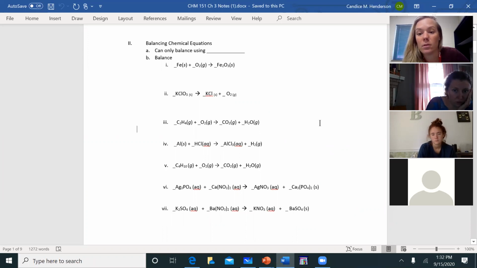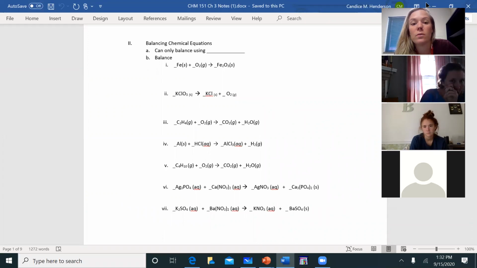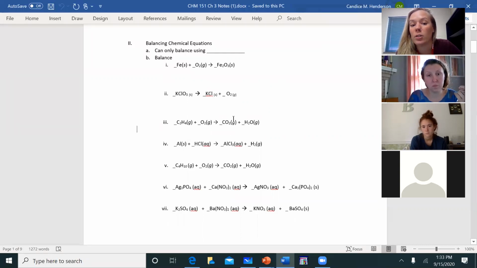Actually, we can sort of classify all of these. So this first one here, we've got A and B coming together to form C. So this one we would say is a combination reaction. This is a good example of a decomposition reaction. This right here, carbon and hydrogen mixing with oxygen to produce CO2 and H2O, that is our combustion reaction.